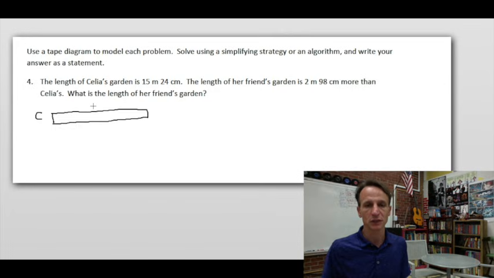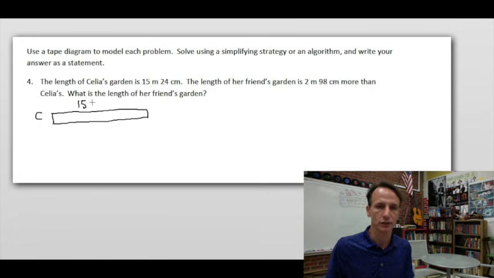So 15 meters is 1,500 centimeters. When I write 15 hundreds, the 5 is in the hundreds place. And 24 centimeters makes 1,524, with it all in centimeters. So I'm combining that step right into the tape diagram.